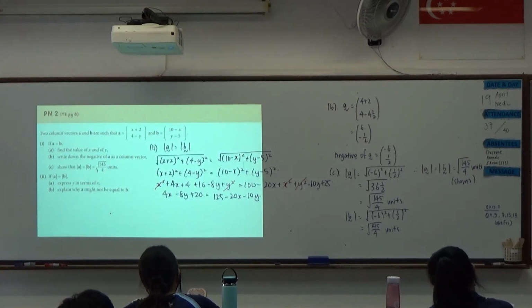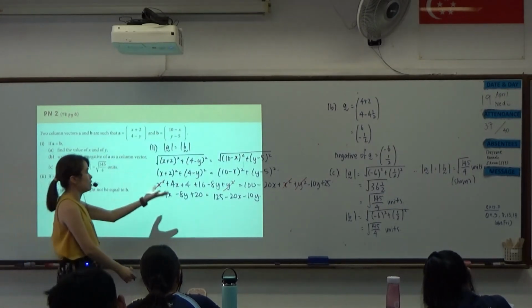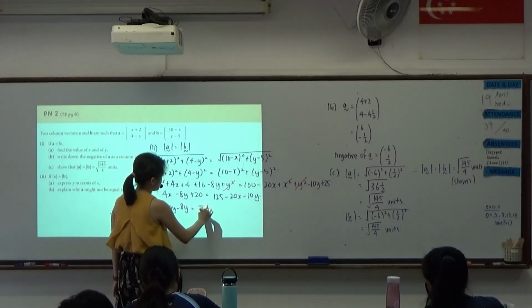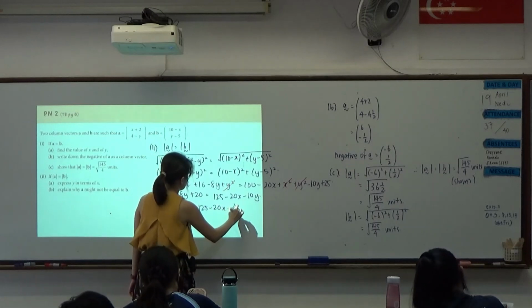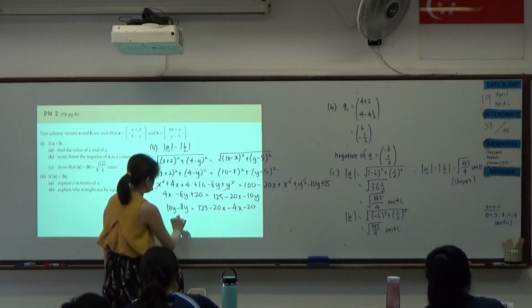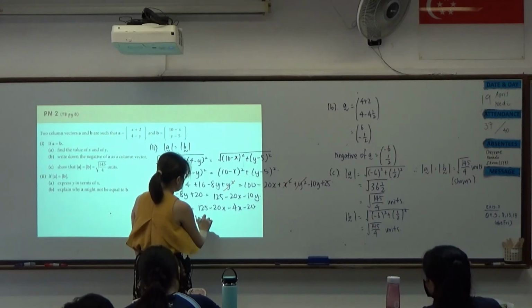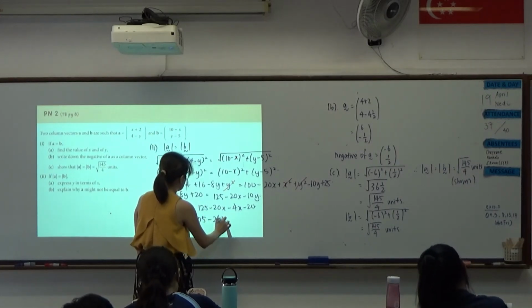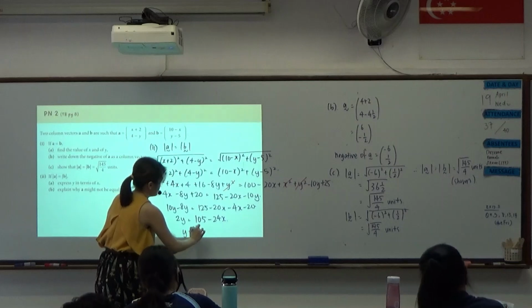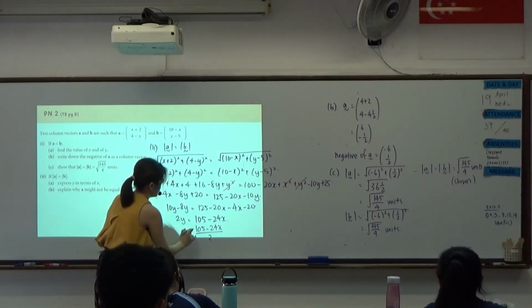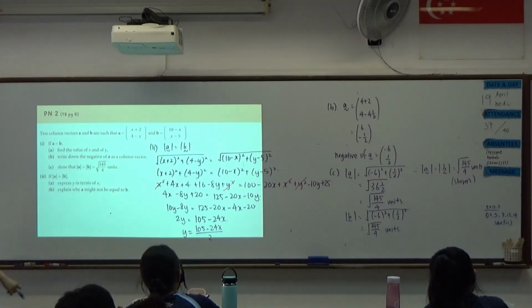The question wants y in terms of x, so let's place y on one side of the equation. Hence our y will be 105 minus 24x over 2.